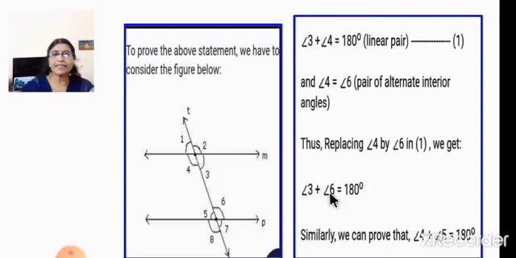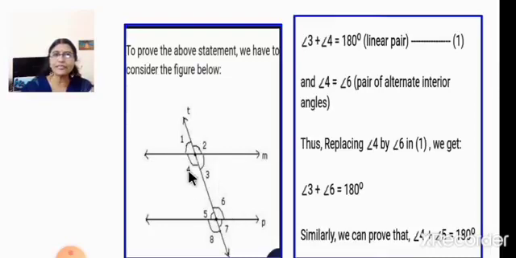So angle 3 plus angle 6 is equal to 180 degrees. So this means that the interior angles lying on the same side of the transversal add up to 180 degrees. That means they are supplementary. That means co-interior angles are supplementary.